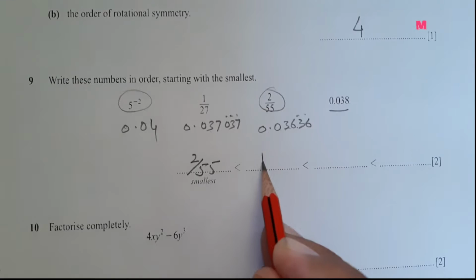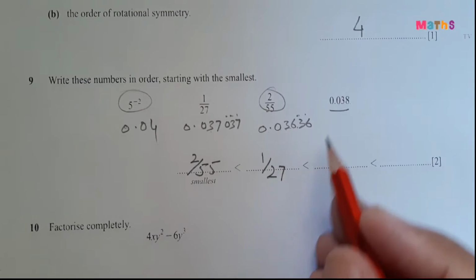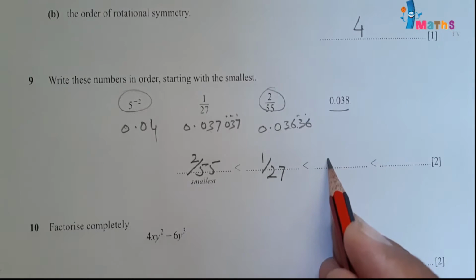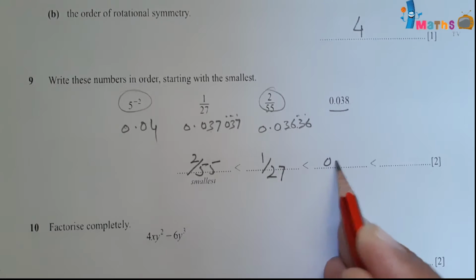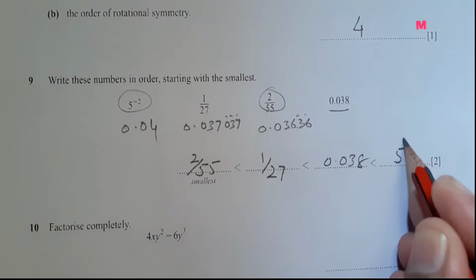So this will be the next one, 1 over 27, and next number will be 0.038. So we can write 0.038, and the last one will be 5 raised to power minus 2.